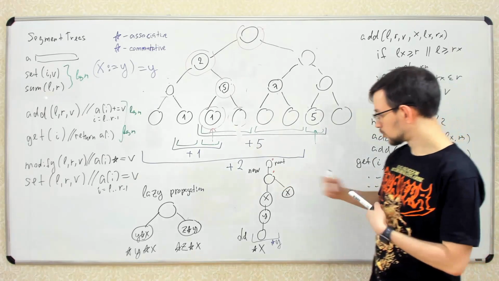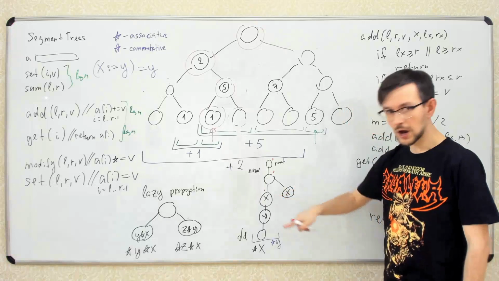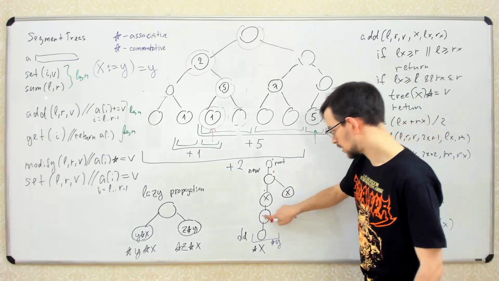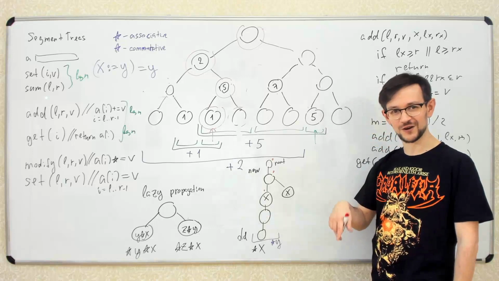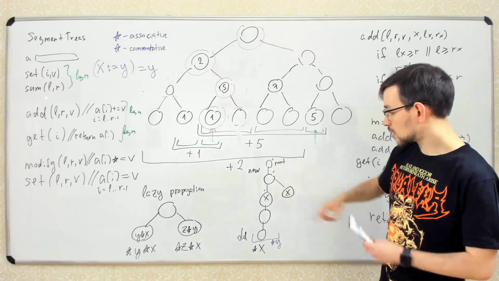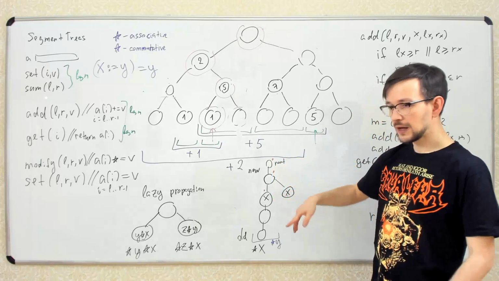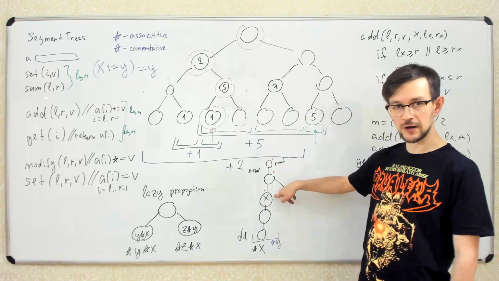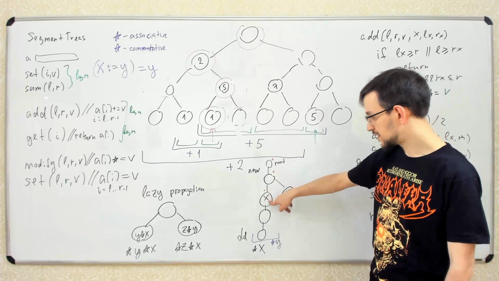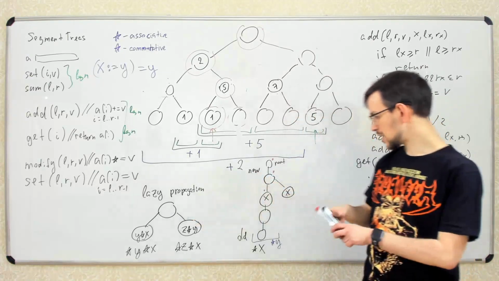And now I go to the left child here, and I want to go even deeper. I want to add y here, but not yet. So I go to this left child, and again I want to go even deeper. So I need to propagate this value from this node. So I take this node, apply the same propagation.